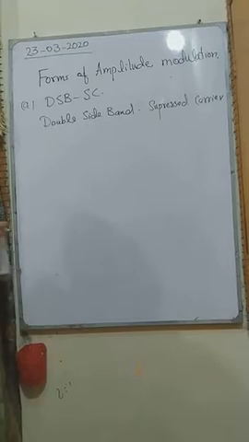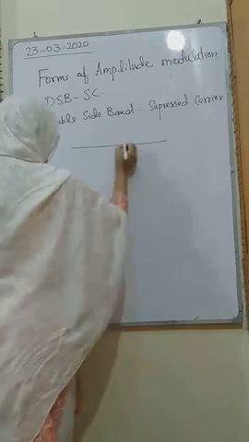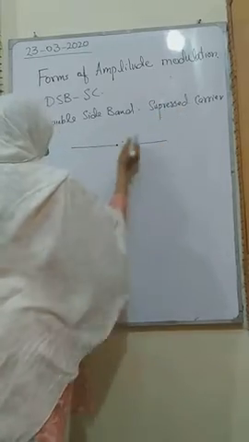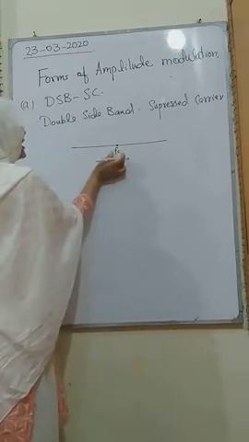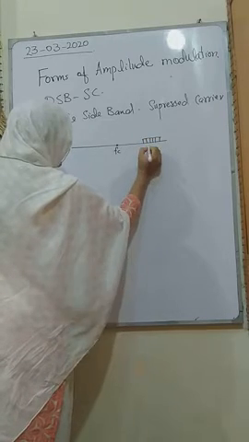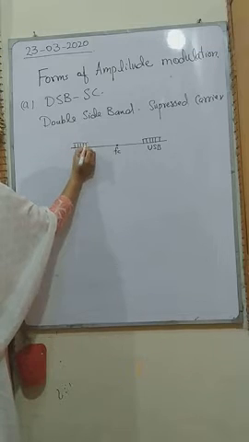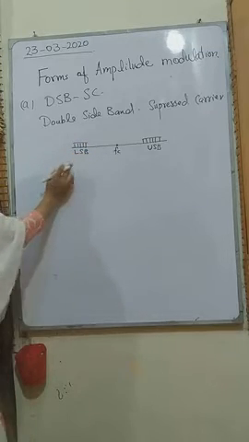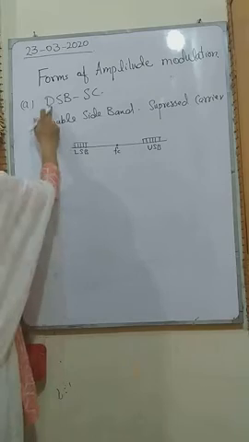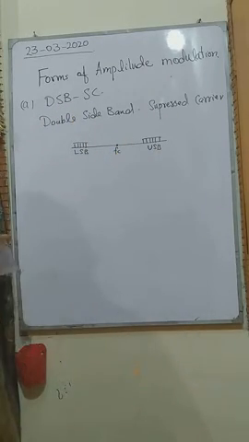From this figure we can see that this is the suppressed carrier, meaning fc is suppressed or removed from the signal. Only the double sideband, that is the upper sideband and the lower sideband, is present. So this is the form of DSBSC, double sideband suppressed carrier wave.